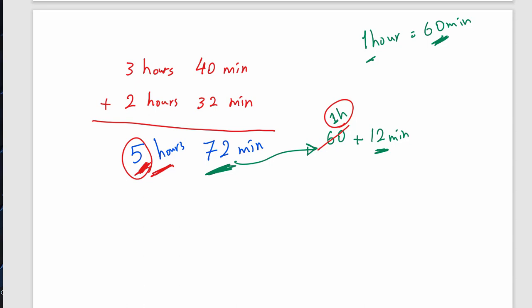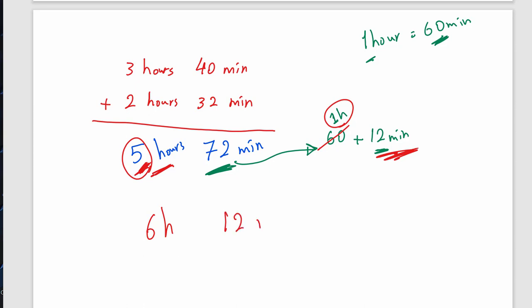You will not take from the hours. We have 5 and an extra 1. Oh, okay, so it will be 6 hours. So it's all 6 hours. And how many minutes left? Minutes left will be 12 minutes.